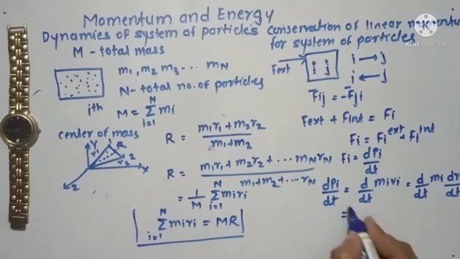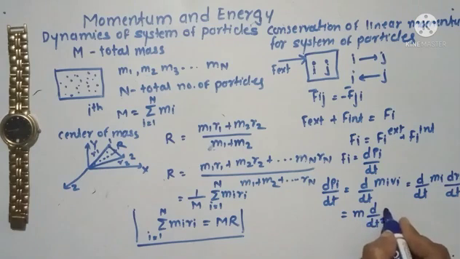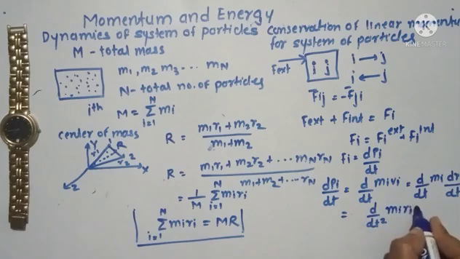So this can also be written as d squared by dt squared of mi ri.